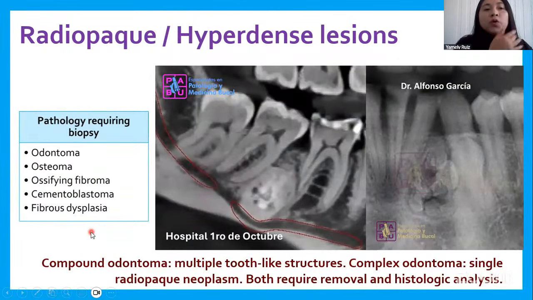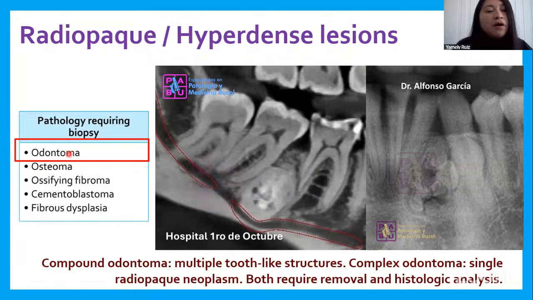The second group in these radiopaque or hyperdense entities has pathologies that require biopsy to give us a diagnosis. The first of this group are odontomas. We have two types of odontomas, compound and complex. Compound odontomas show like this image that I'm showing here.